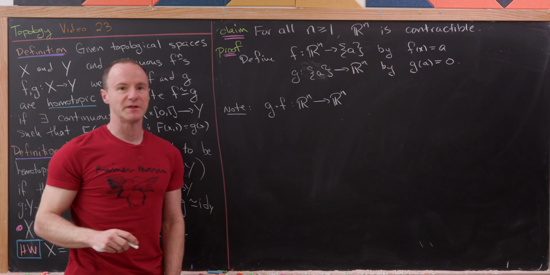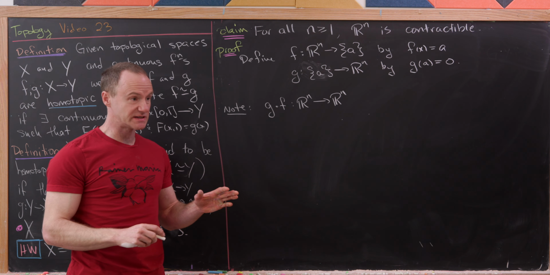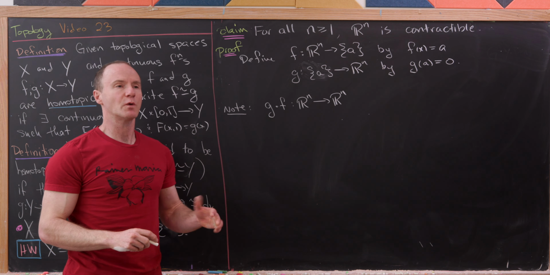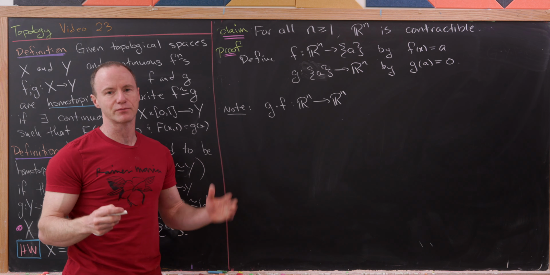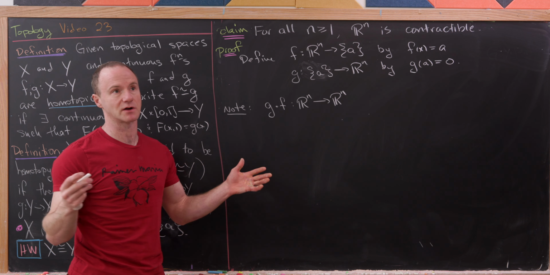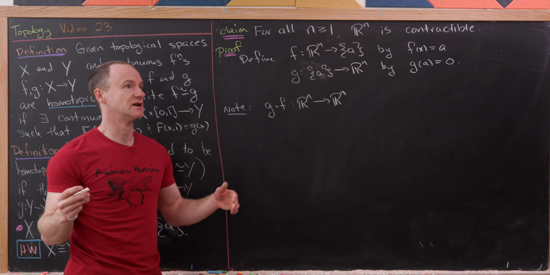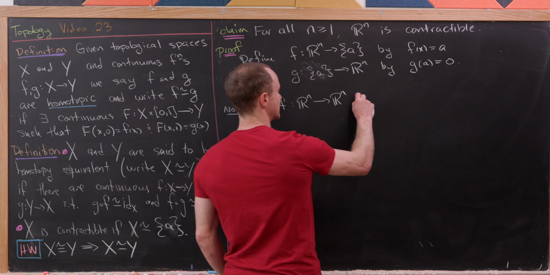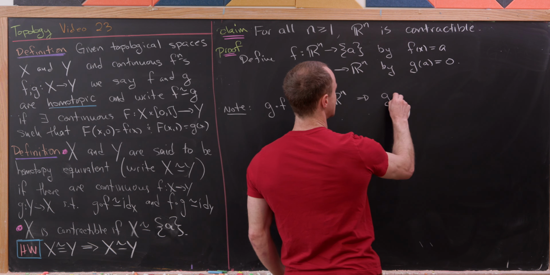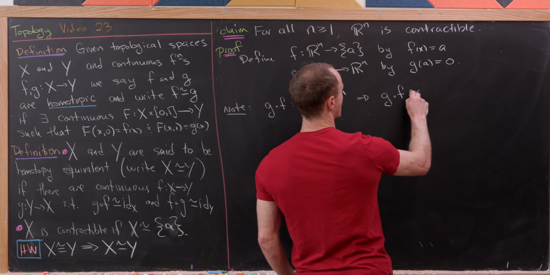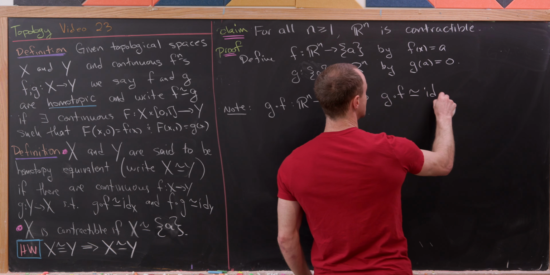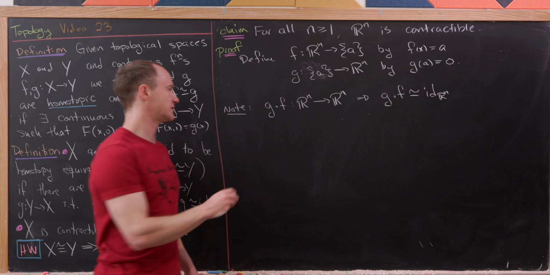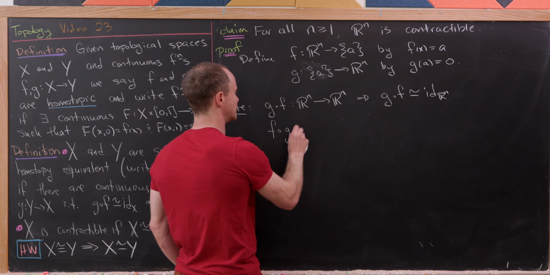Okay, but then we know that all continuous functions from Rn to Rn are homotopic. Well, we proved it for R, but the same proof works for Rn. In fact, because Rn is convex, and we proved it for convex. So what that means is that g composed with f is homotopic, for example, to the identity function on Rn.